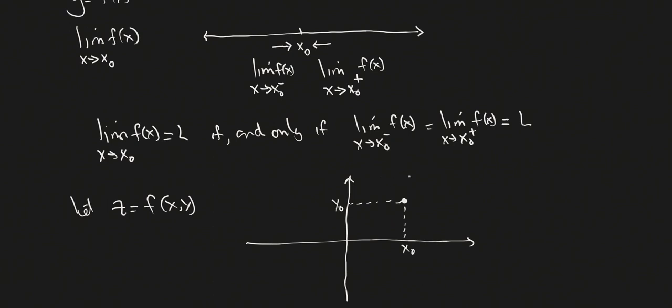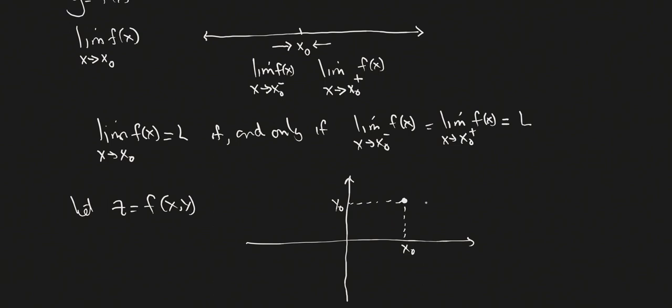What if I begin to move it in such a way that I'm getting closer and closer to this fixed point? I never quite get there, but I'm getting closer and closer to it. Then I might ask, what happens to my z values as the ordered pair x, y approaches this fixed point, x0, y0?